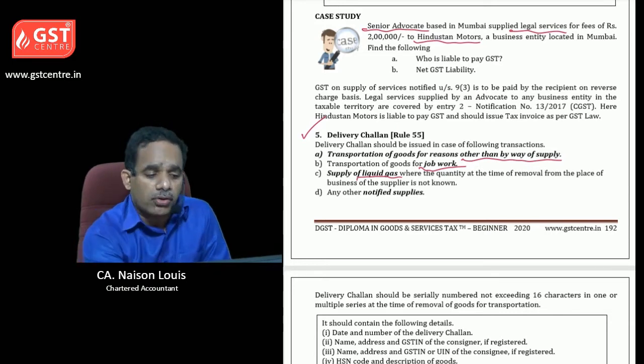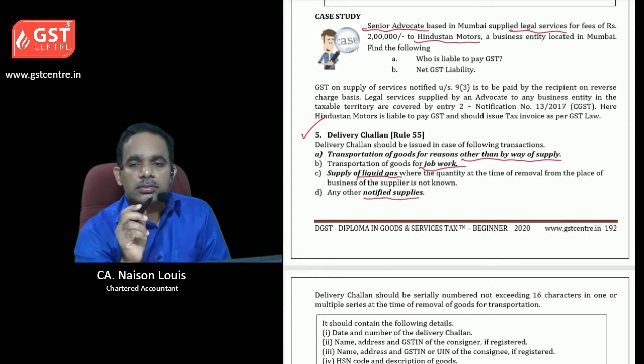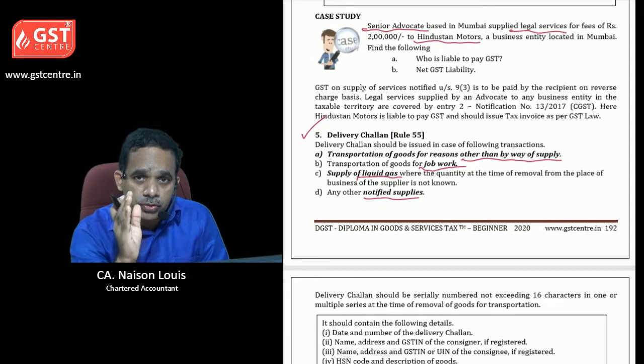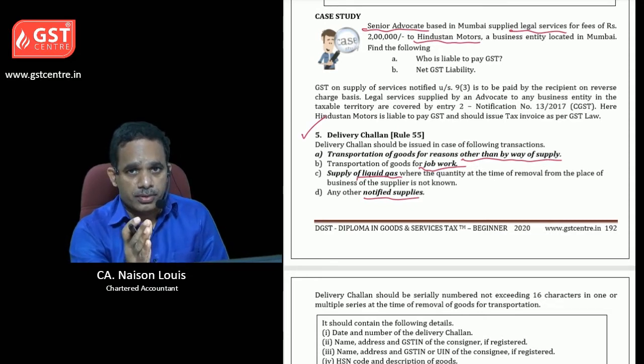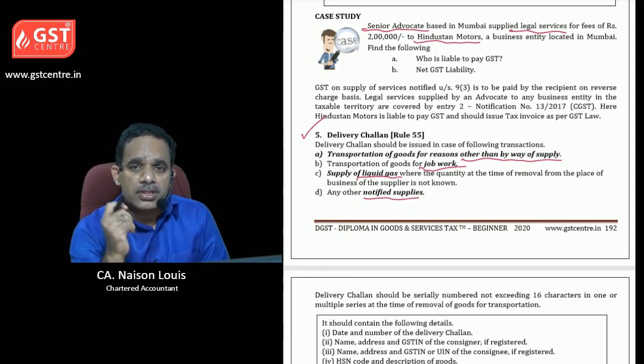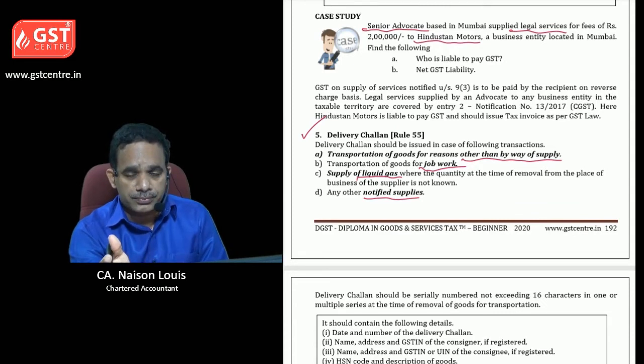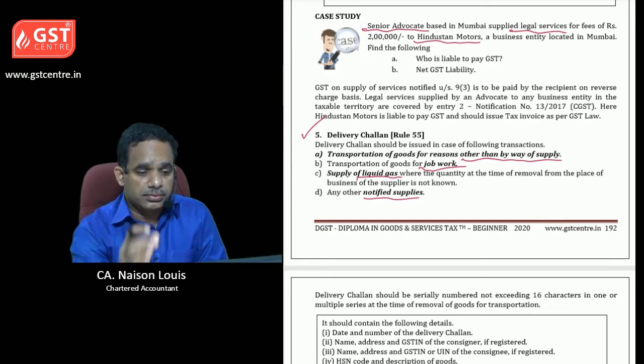Then any other notified supplies. Okay, so in such cases delivery challan should be issued. Clear? So suppose we are moving the goods for any exhibition, not for supply. Okay, then we need to issue a delivery challan.